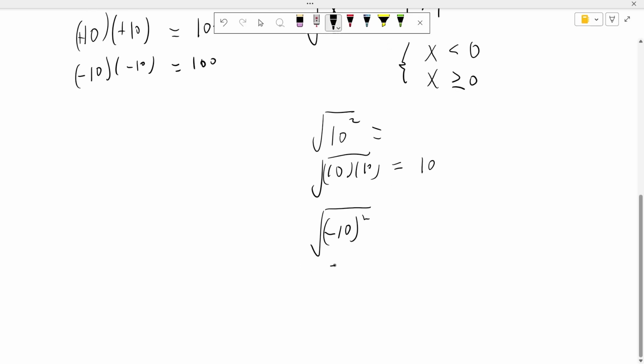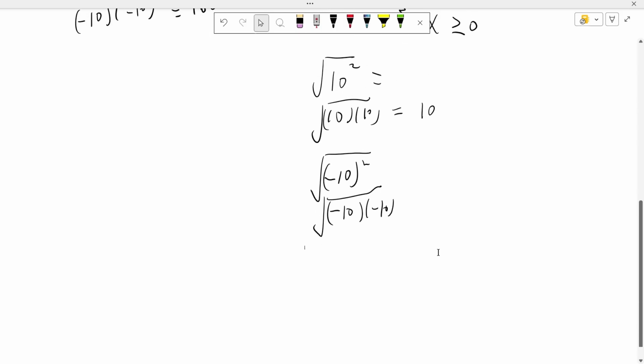Notice what happens here: when you square a negative number, it loses the sign information, it turns positive, so you get positive 100, and you get 10.